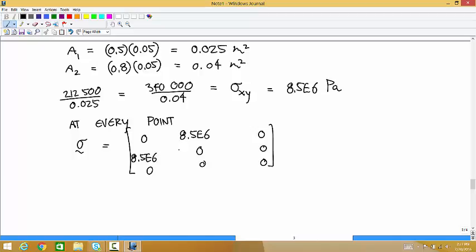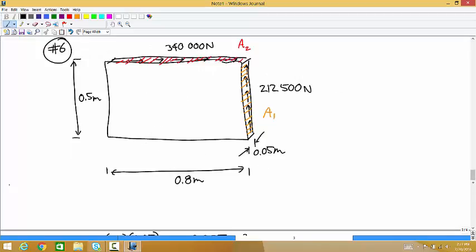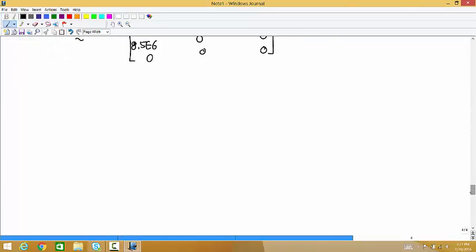Okay, so the next thing that we're going to be talking about is stresses due to internal loads in beams.